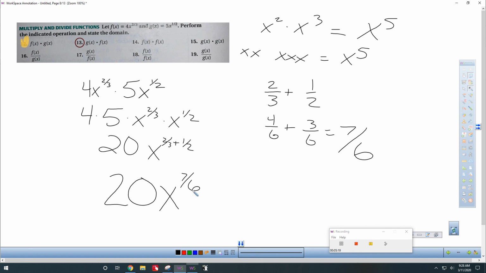Okay? Now, you didn't ask me to do this one, but I looked ahead, and this is what you're going to be doing. You're going to need help with something like this. This says g of f of 2. So you work inside out on these.